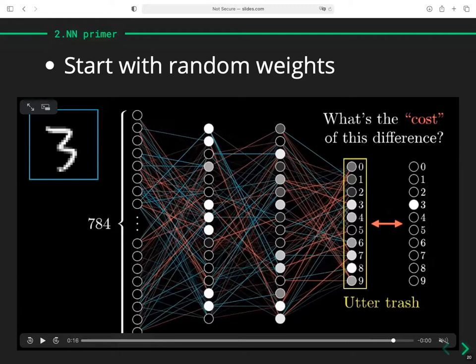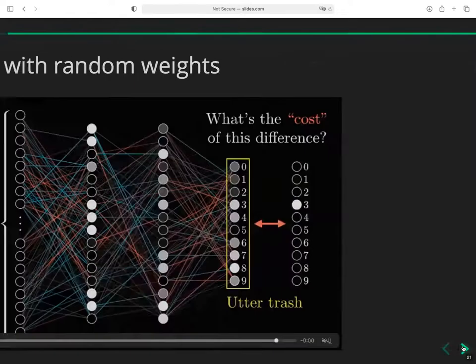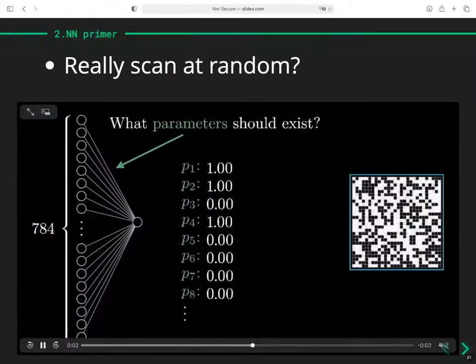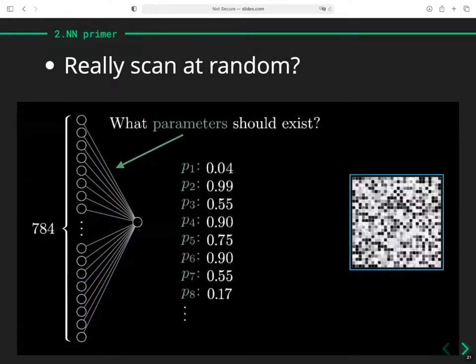Now, we can still define a cost of how far we are from the target. Because if you think about it, I said before, we're going to do this randomly, and then we can try all possible convolutions, all possible weights. We probably don't really want to do that, because this would take a very long time.